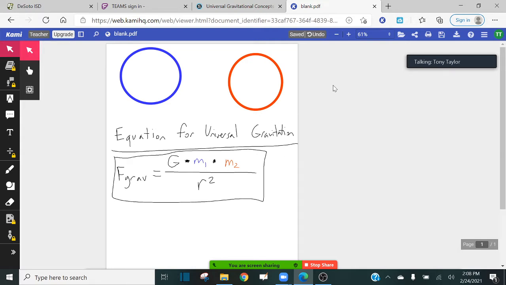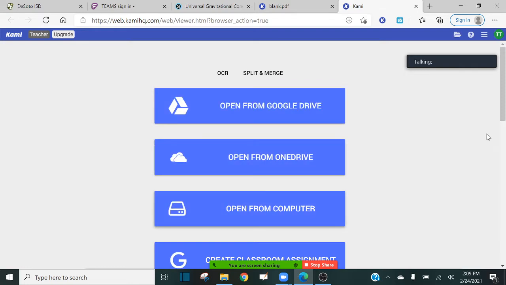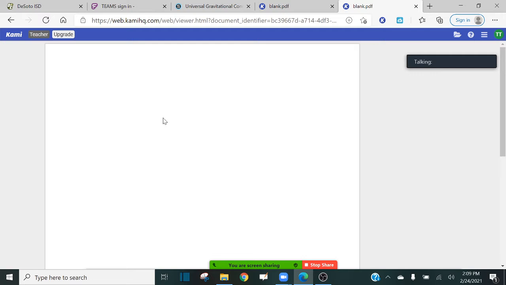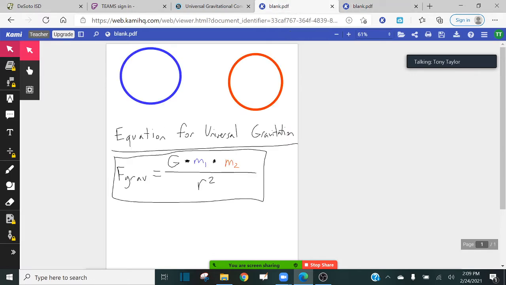So let me write down, even though I said it, what each of these terms mean. Okay, so guys, this big G right here stands for the universal gravitational constant.